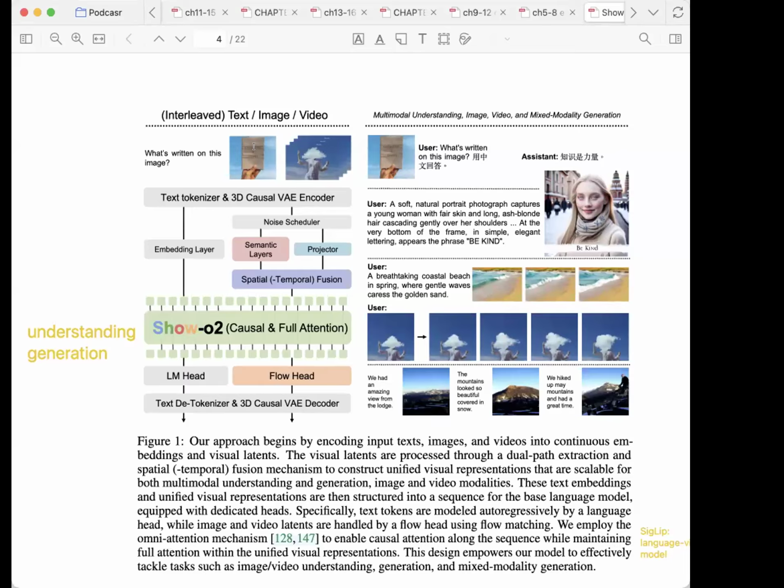We give the model a picture, the picture of a hand with a blue sky, and we ask the model what is written on this image. So this is the input.